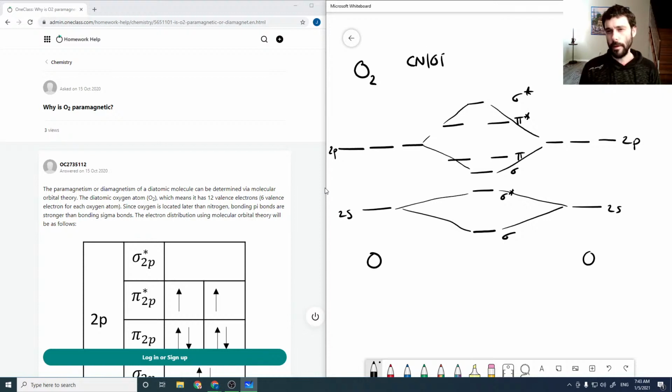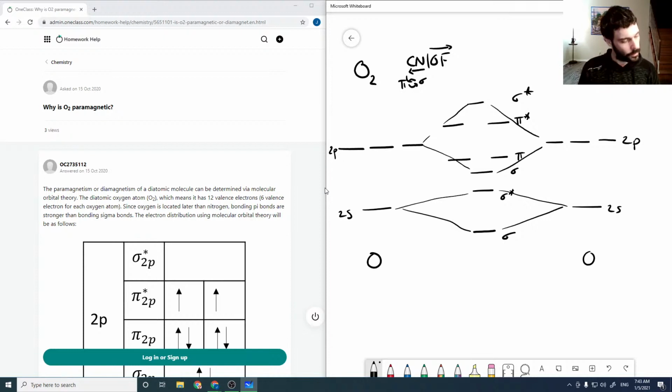It's good to remember that for oxygen and fluorine, this is what it looks like. But before oxygen, we actually flip the pi and the sigma levels. So these 2 down here would be flipped for carbon and nitrogen.